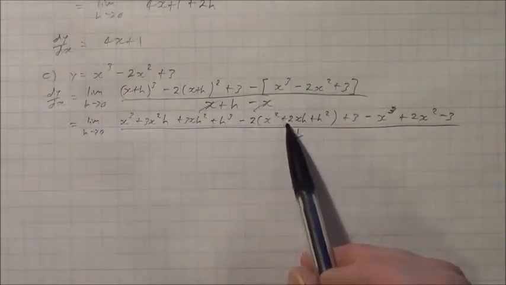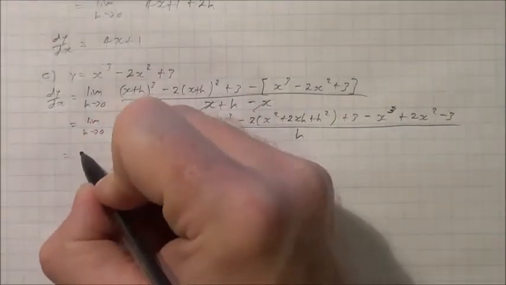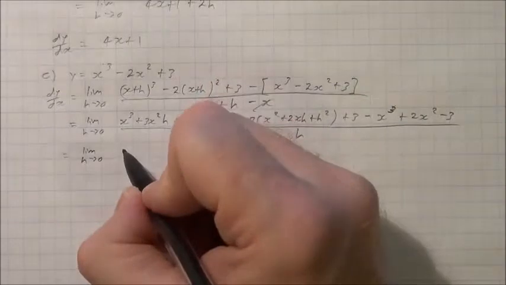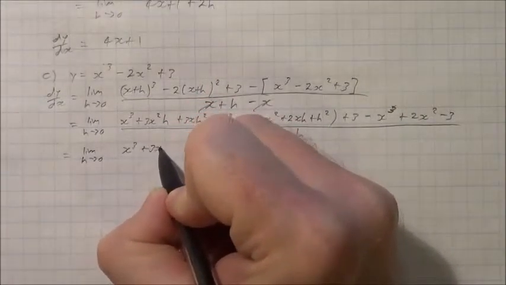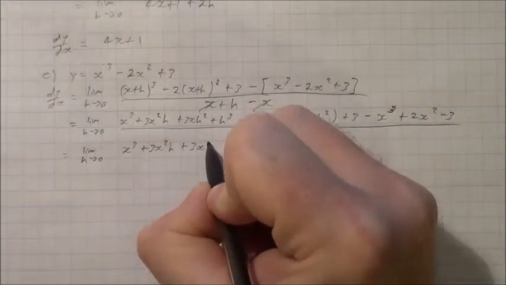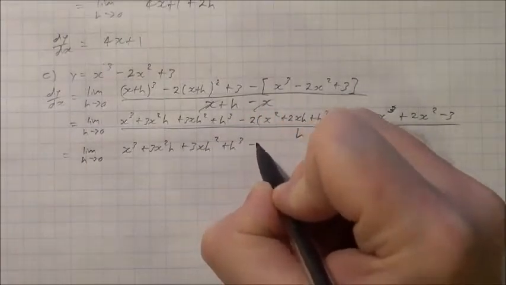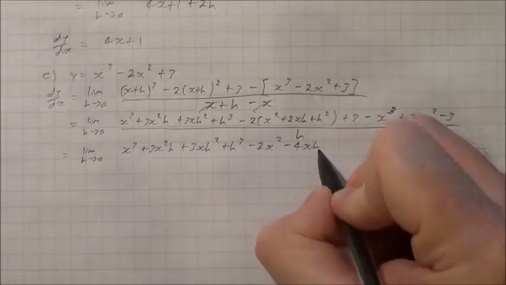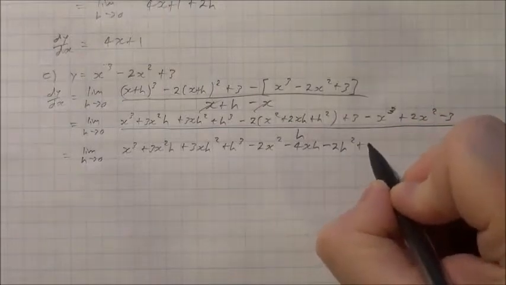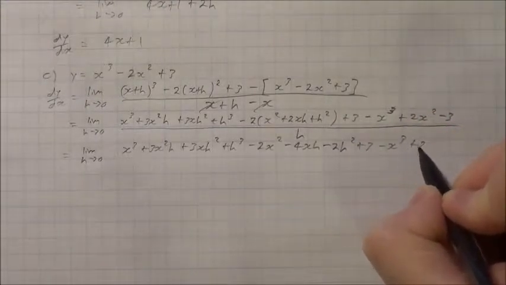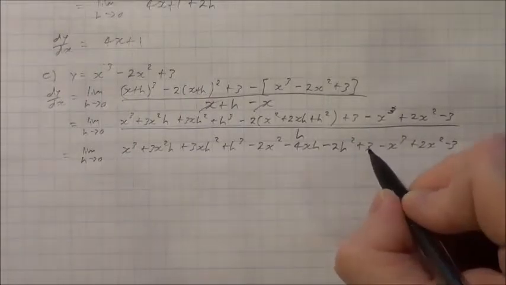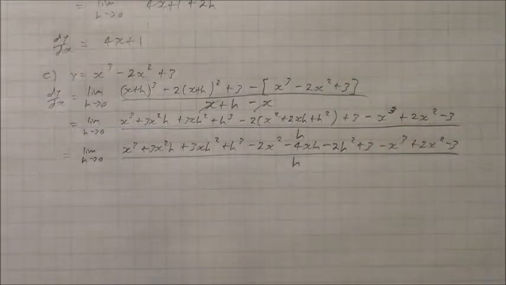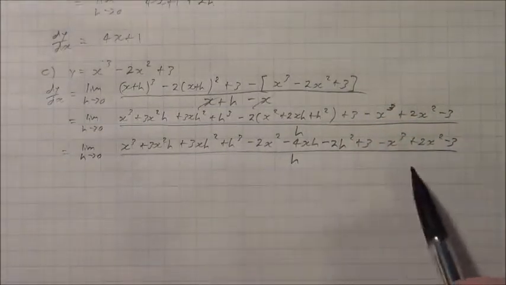And now I'll expand in this negative 2 into this bracket, and then begin doing some simplification. So this is x cubed. I'll just write all this stuff out here. So negative 2x squared minus 4xh minus 2h squared. And then just carry on with the rest of this, all over h.